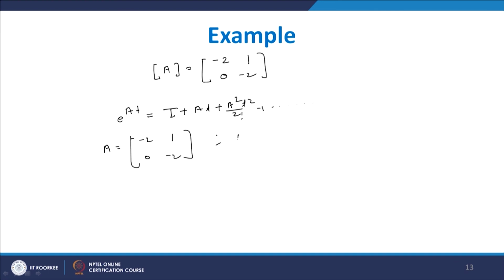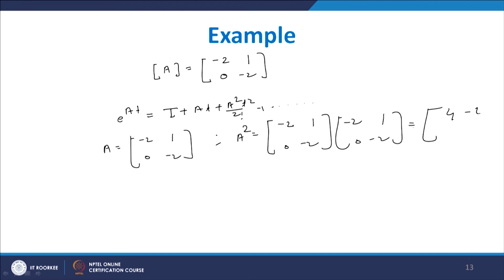Now, we have to determine A square. So, A square is minus 2 1 0 minus 2 times minus 2 1 0 minus 2, and if you solve this one you will get 4 minus 4 0 4, and we got A square.